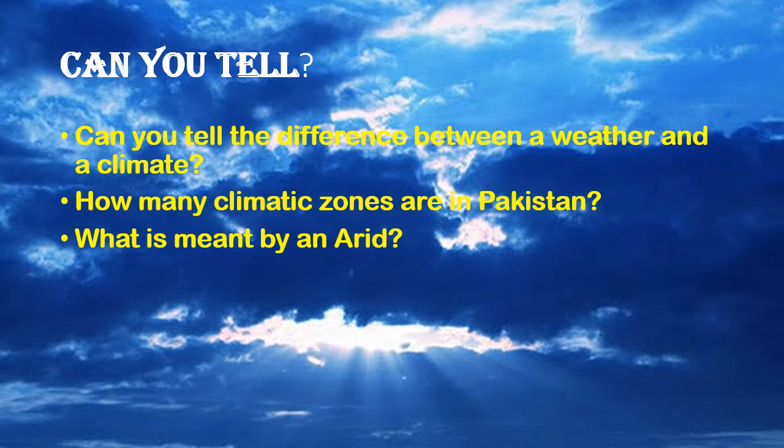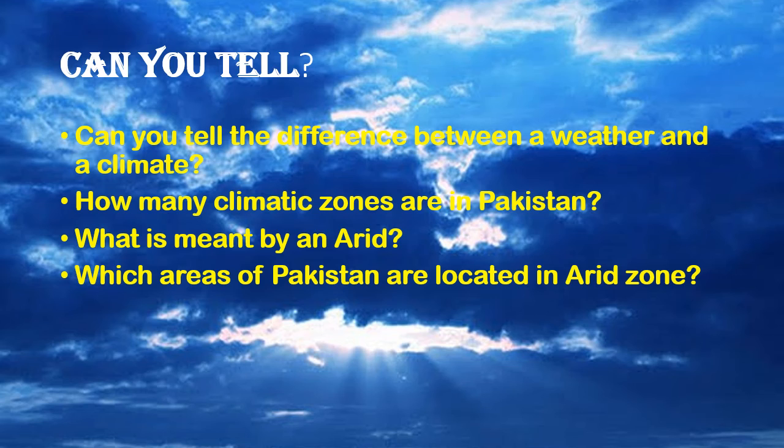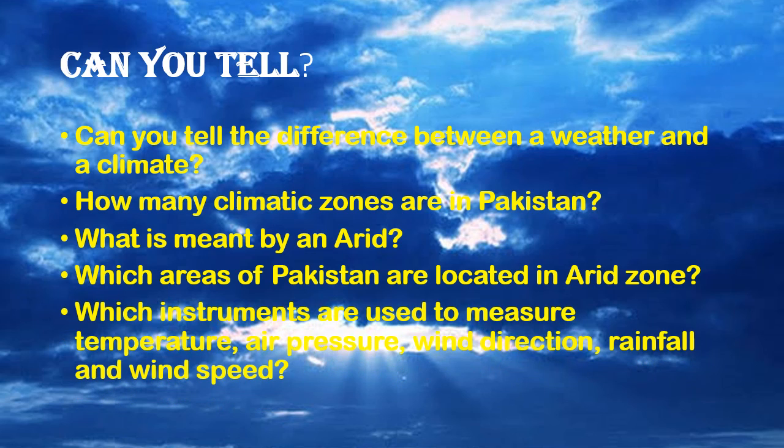What is meant by arid? Which areas of Pakistan are located in the arid zone? Which instruments are used to measure temperature, air pressure, wind direction, rainfall and wind speed?